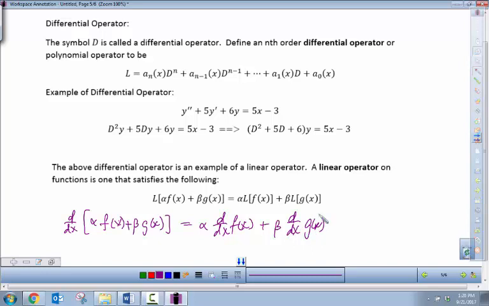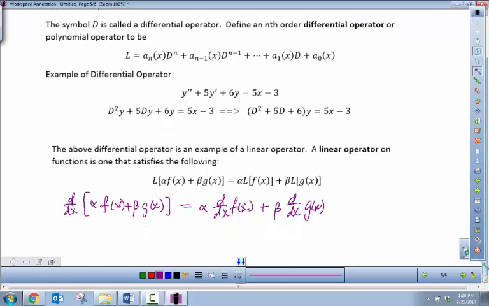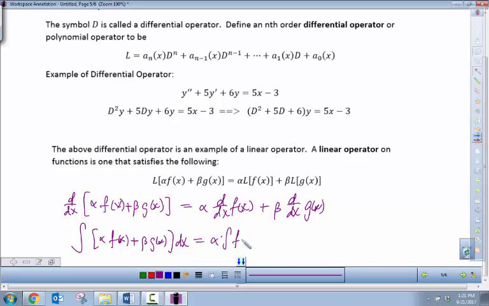We've seen that, that's true, right? Integrals work the same way. The integral of alpha f(x) plus beta g(x) is like taking an integral of a polynomial. You split it up, take the constant out, and do the integral of the power function. So it's just alpha integral of f(x) plus beta integral of g(x).